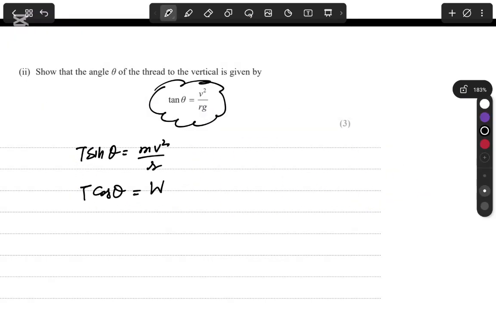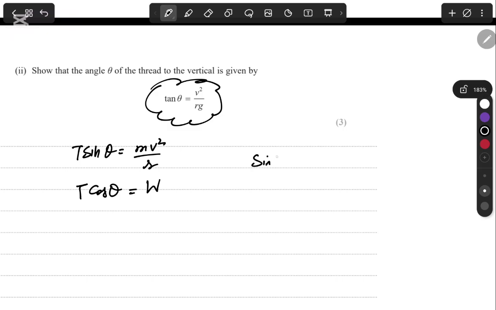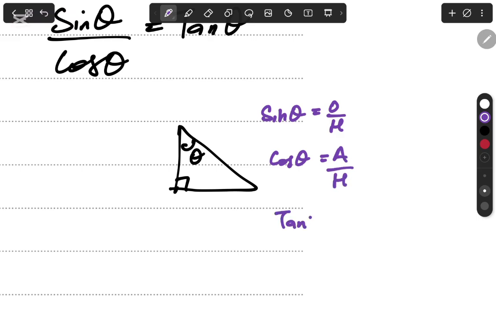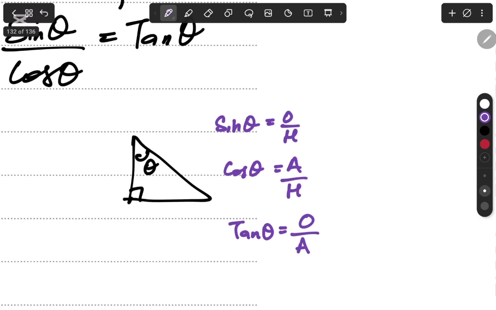And then we know that sin theta over cos theta is equal to tan theta, and that's what we're looking for here. Now, if you want to know where this comes from, if you're not a math student, then we know that sin theta, this is from IGCSE, is equal to opposite over hypotenuse. Cos theta is equal to adjacent over hypotenuse, and tan theta is equal to opposite over adjacent.